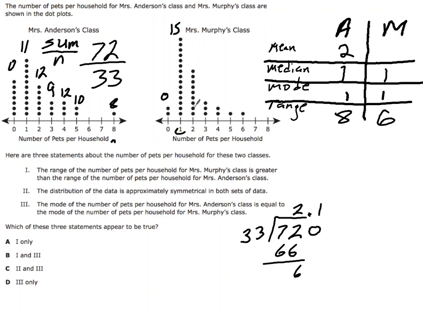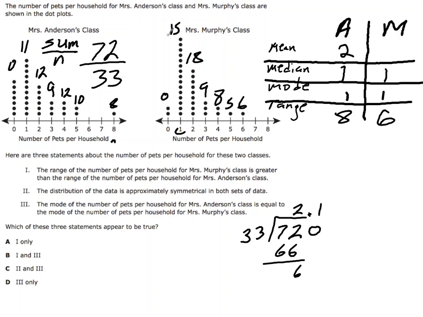And then we have 9 of those, and 9 times 2 is 18. And 3 times 3 makes 9. 2 times 4 makes 8. 1 times 5 is 5. 6, and then that's it.